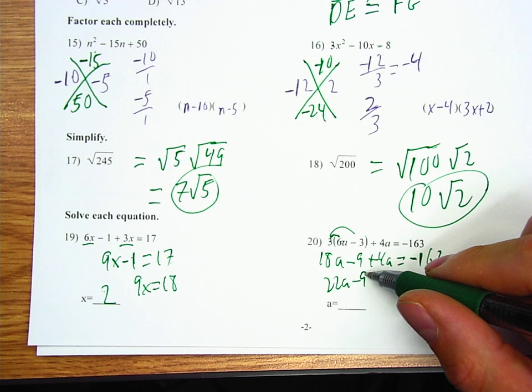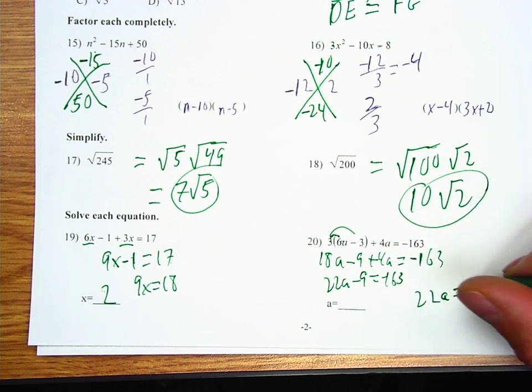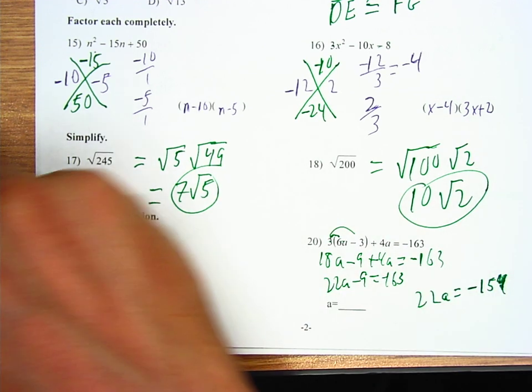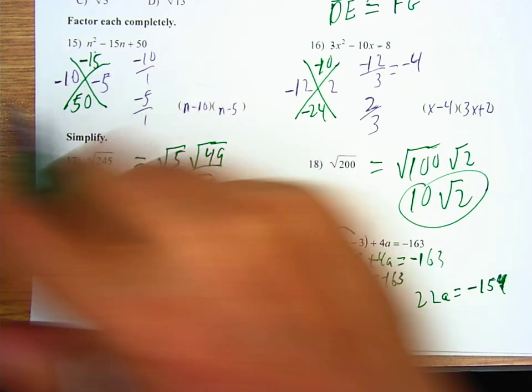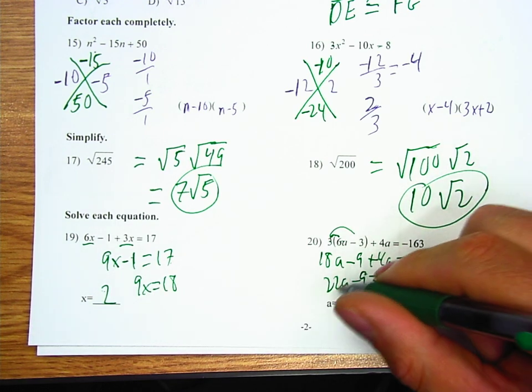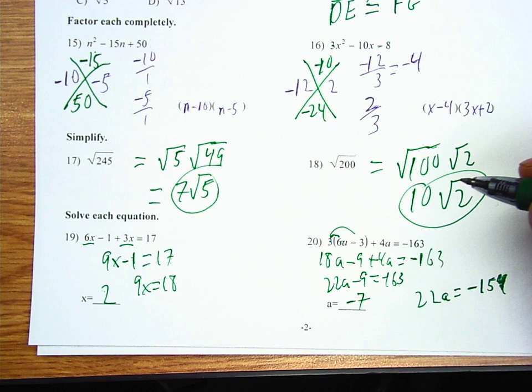No, they're opposite signs, so they're going to subtract. Negative 154. There we go. And then that 154 divides evenly 7 times. These should divide evenly for the most part on most of our tests. There'll be a few where they don't. Again, these are 5 points each.